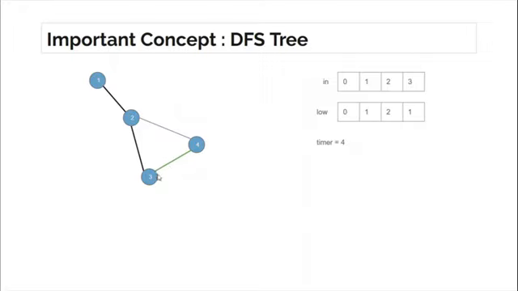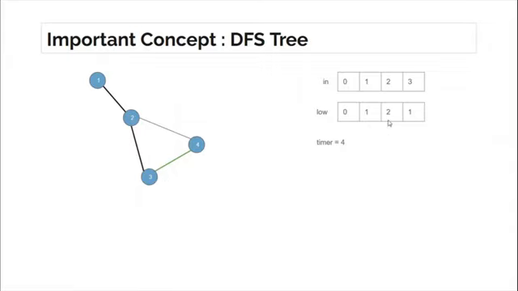After this node has tested this edge for bridge, it would try to minimize itself, because see, the reach of node 4 is to this ancestor, right? Since node 3 is connected to node 4, node 3 can also reach to that minimum where node 4 can reach, and hence node 3 also would minimize its low time.